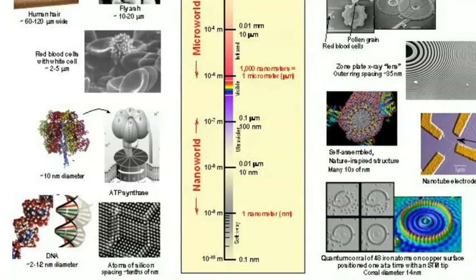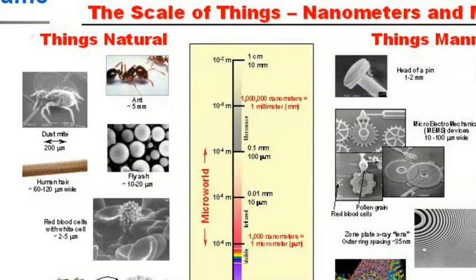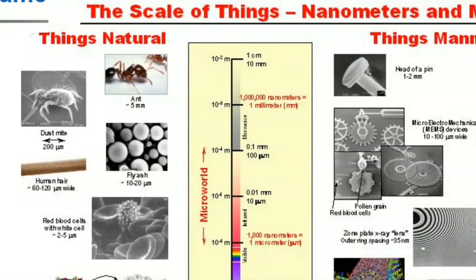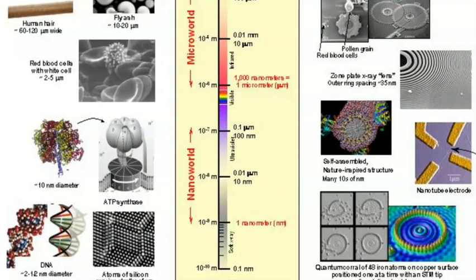If you keep the unit constant on the left side of that scale, that is meter, then you can see 10 to the minus 2 meter, minus 3 meter, and it is going down and down up to 10 to the minus 9 meter, which is equivalent to 1 nanometer.